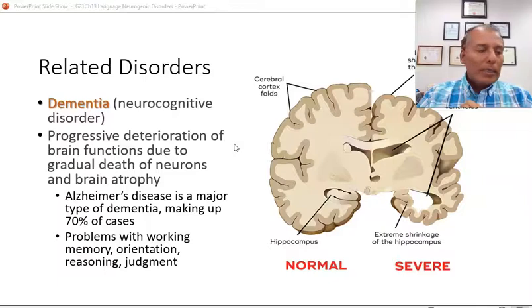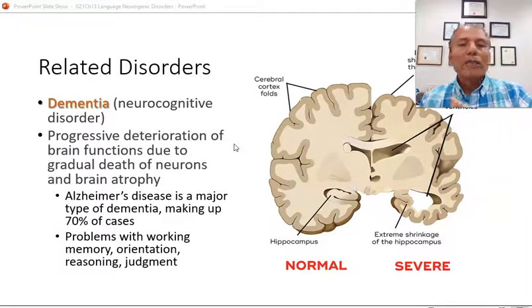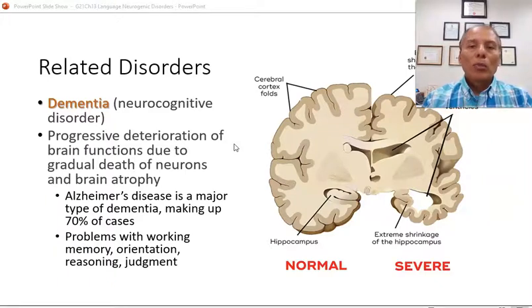And in some cases, it is pathological if that brain deterioration occurs earlier, like say in the 50s or 60s or 70s, that becomes what we know as Alzheimer's disease.